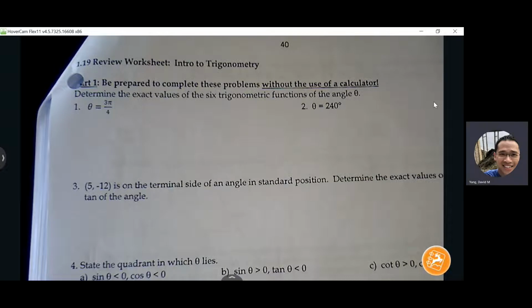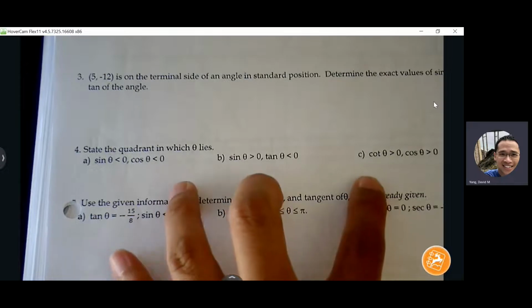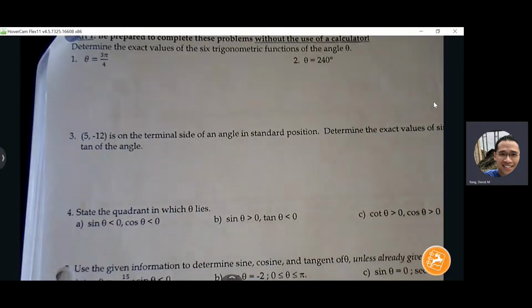I returned your quizzes to you. There are some problems that I want to go over. The biggest thing was not being sure which quadrant you're in, so a lot of the negatives and positives got mixed up.